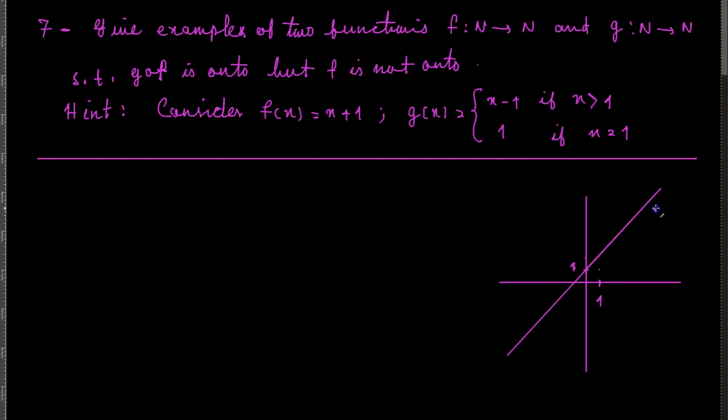So this is f of x is equal to x plus 1, meaning that basically what happens here is that your domain is the set of natural numbers and your codomain is the set of natural numbers, meaning that actually this part of the function is not a part of the function, right? Because your domain is the set of natural numbers.